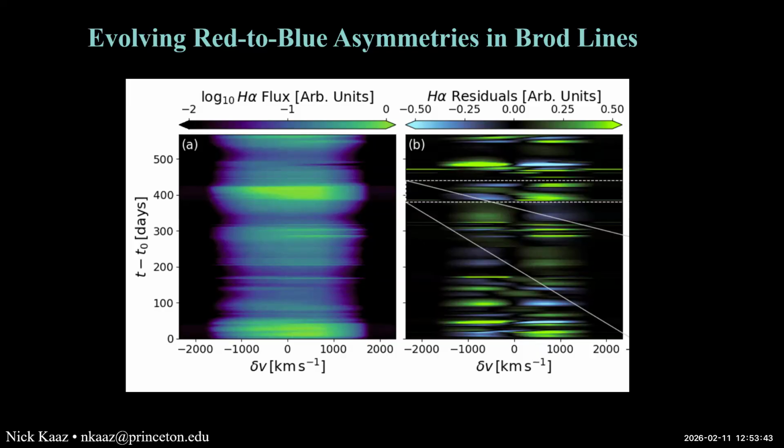So to look for the changes in asymmetry, I also wanted to look at the residuals. I basically subtract the spectrum off of some moving average, and I get a plot like this. The right is the blue shifted side, the left is the red shifted side, and green is showing you excess emission, blue is showing you a deficit. So if there's green on the blue shifted side, that means there's an excess of blue shifted emission.